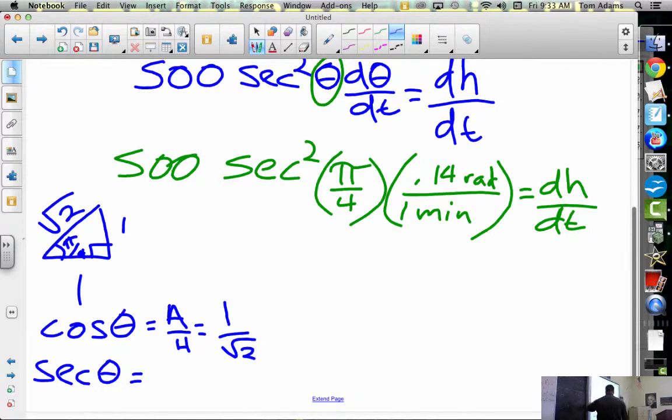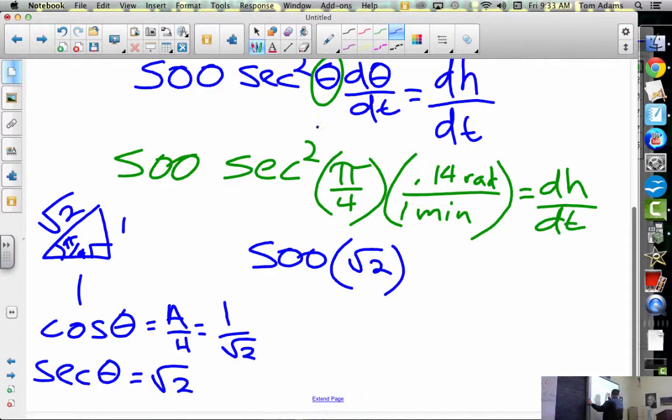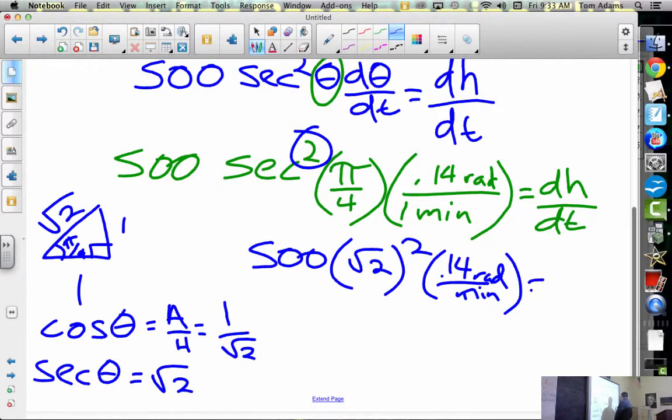So now how do I write this in here? Well, I'm just going to say 500 times root 2, but remember it's squared, times the 0.14 radians over 1 minute is equal to dh dt.